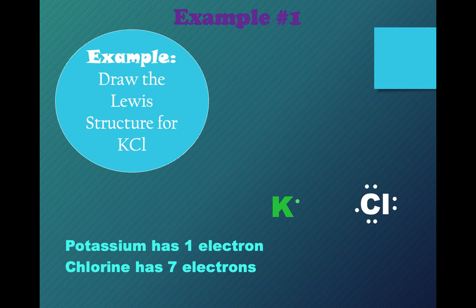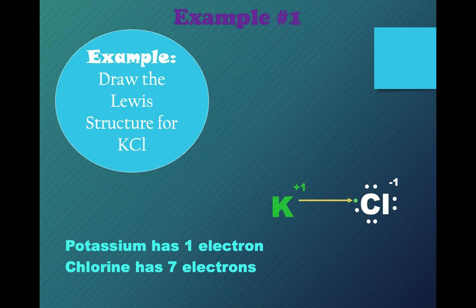And so that's where we do step 3, which is transfer. We are using an arrow to symbolize the transfer. As a result, potassium becomes +1 because it just lost a negative charge, and chlorine becomes negative because it just gained a negative charge.